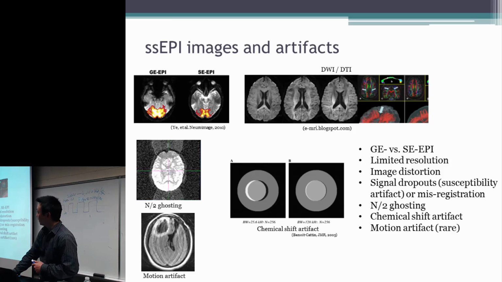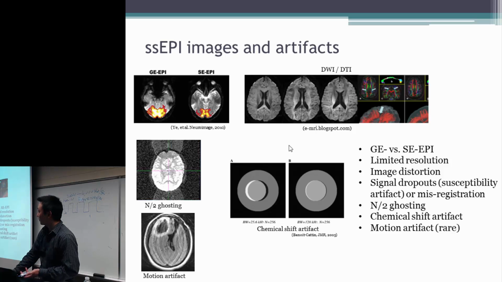But this one is the gradient echo EPI, which is T2 star weighted. Some of you might know that the T2 star weighted image is very good for doing fMRI study. But T2 weighted image can also do fMRI study.